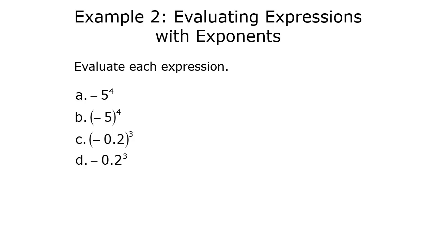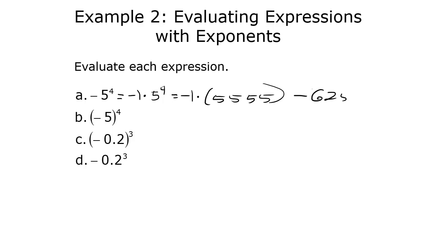So this first one is really -1 times 5 to the fourth. The negative is not being raised to the power, just the 5, right? So this is -1 times 5, 5, 5, 5. You multiply these together and get 625, and it would be negative 625.